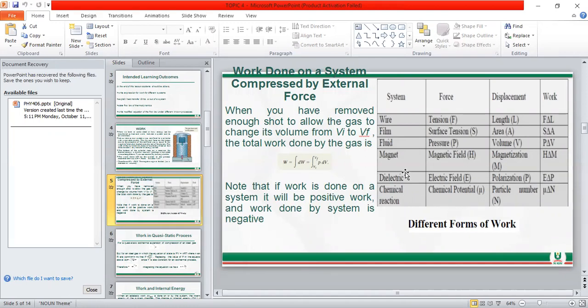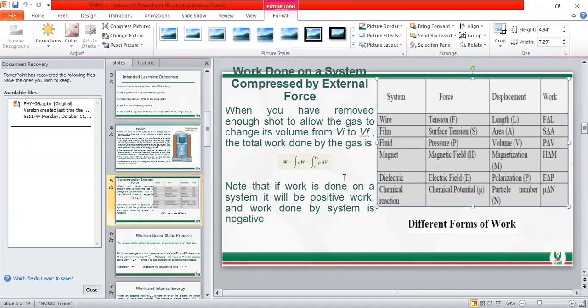So the dielectric system, it is electric field multiplied by what? The polarization. Simply force times distance. And distance is a scalar quantity, so we can use displacement so that it has a direction. So it is force multiplied by displacement. I guess you get that. So this table is very, very, very important.